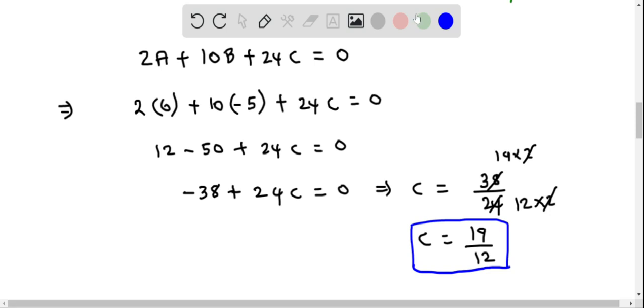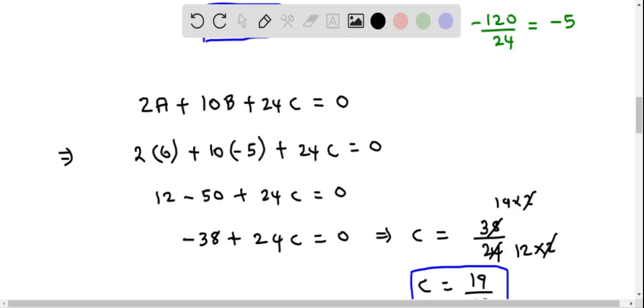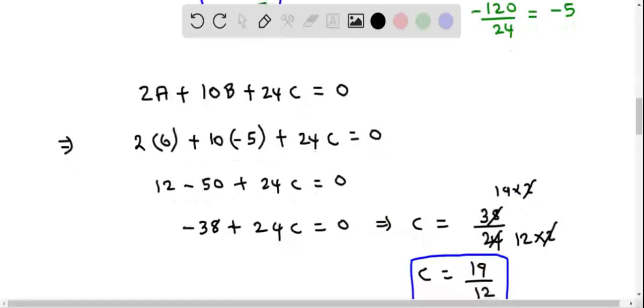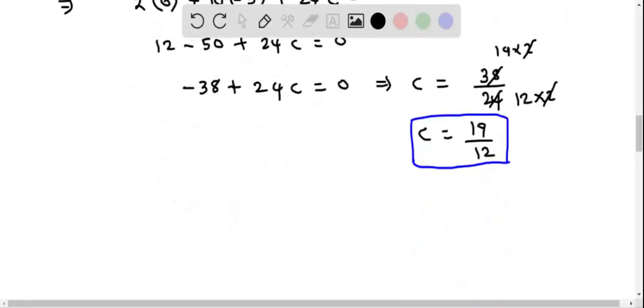Since we have determined the values of a, b, and c, we can write down the particular solution, which is in the form of at squared plus bt plus c. All we do is substitute into that equation.